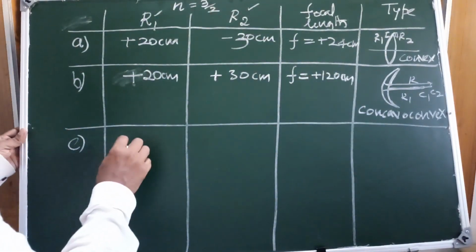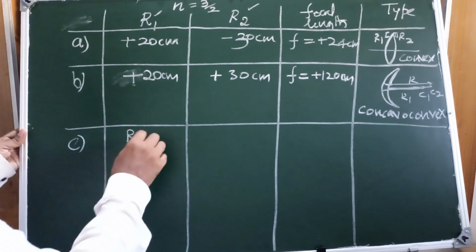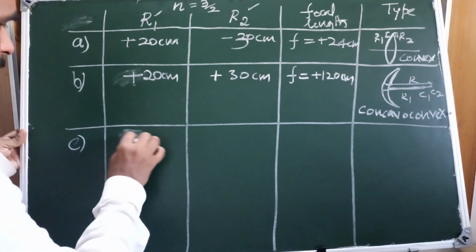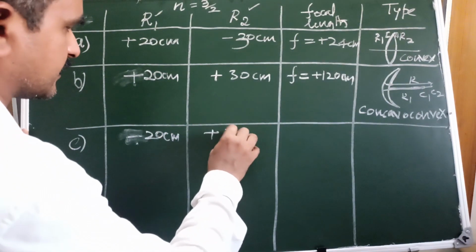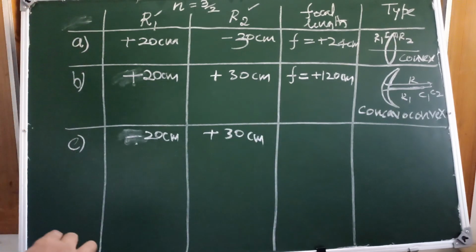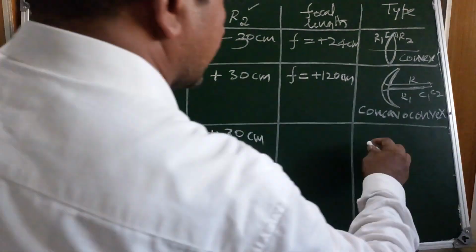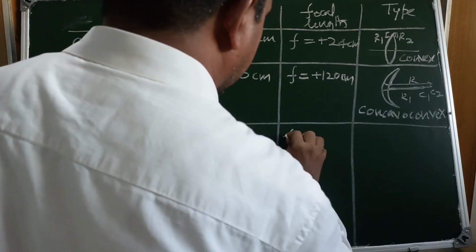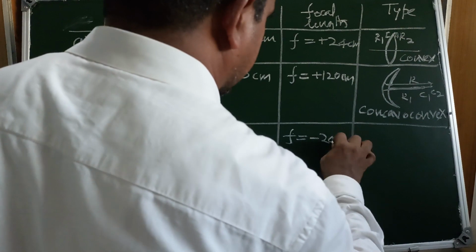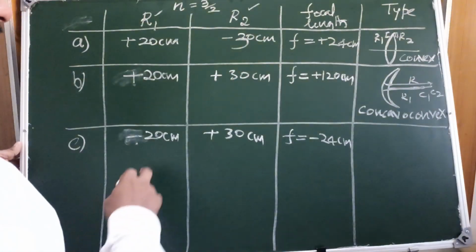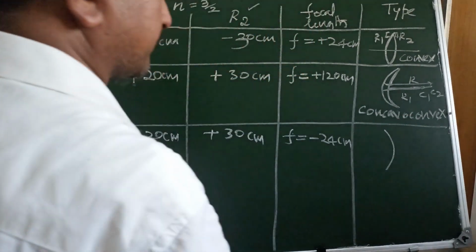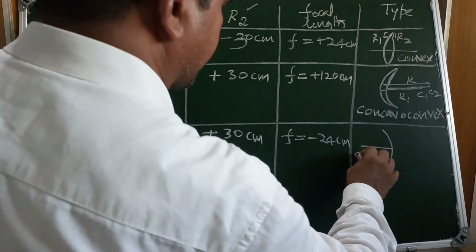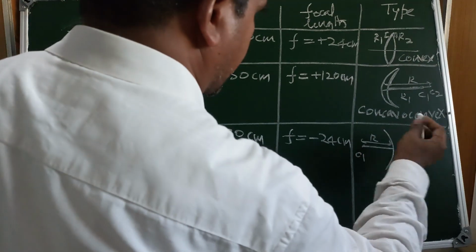Here we have taken R1 as minus 20 centimeter, R2 as plus 30 centimeter. And what we got here is the focal length f of minus 24 centimeter. R1 is negative, meaning curvature towards the left. Here is C1, and here is R1.